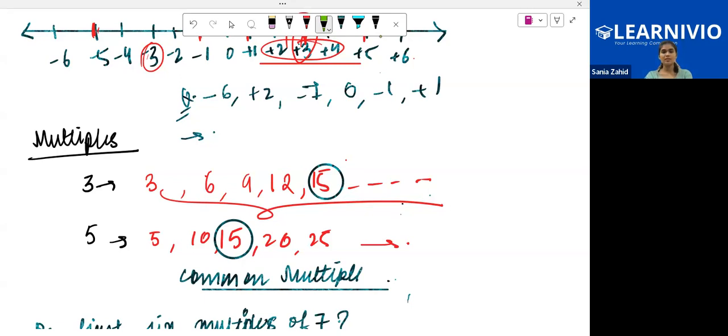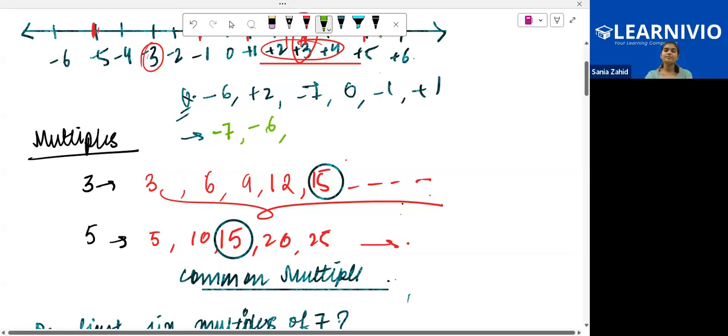So, -7, -6, -1, 0, +1, and +2. Very good. So this thing is clear.